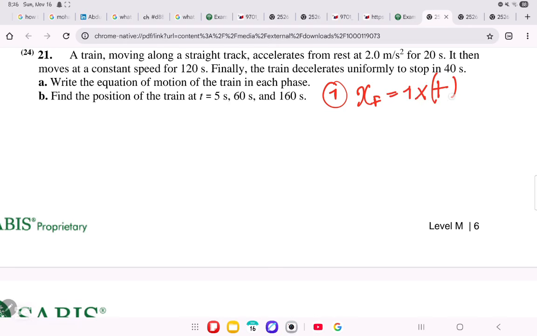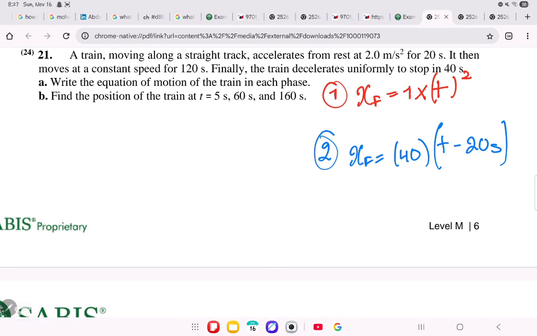For phase 2, we got the equation of motion to be x final is equal to velocity, 40, times my time. So it's going to be time minus 20 seconds, because if you remember in the graph, it was 20 seconds. So time minus 20 seconds plus 400 meters plus x initial basically.